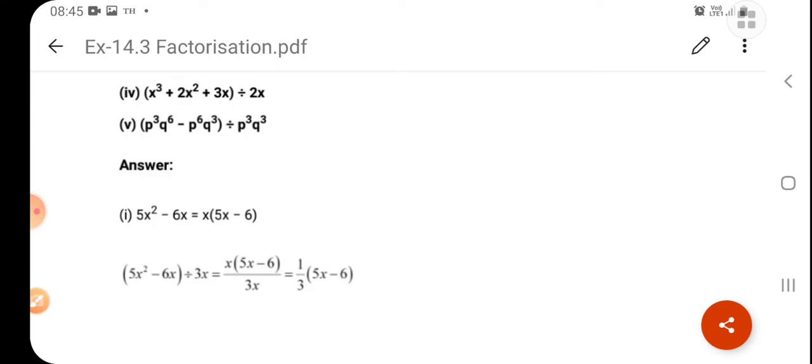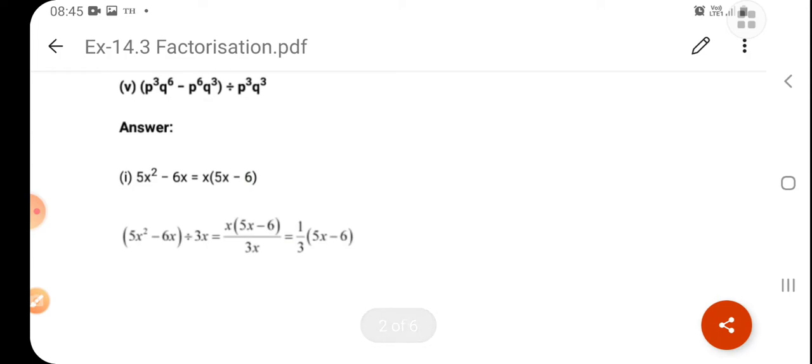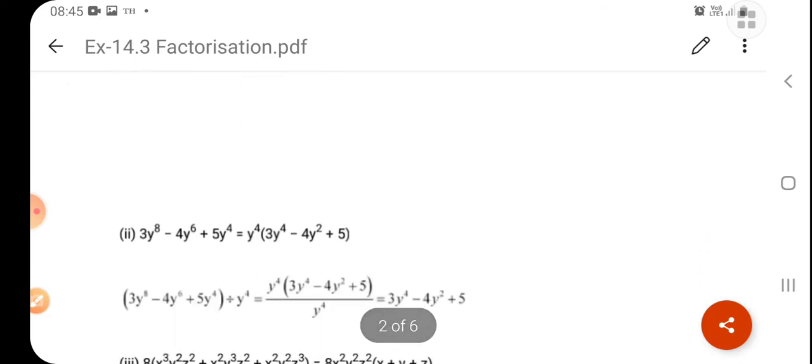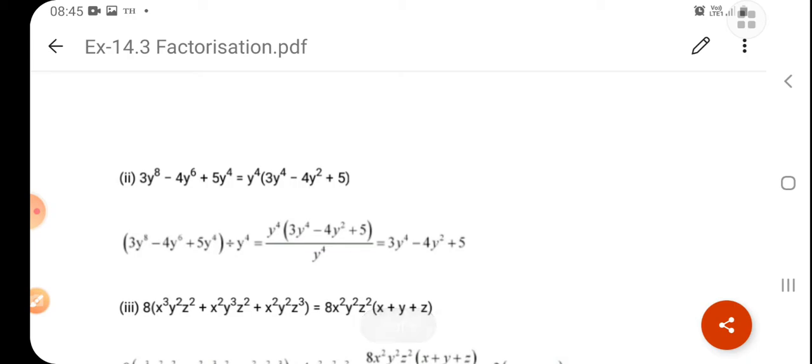We take the common term x out, and in the bracket we will have 5x minus 6. It is divided by 3x, so x and x will get cancelled out.